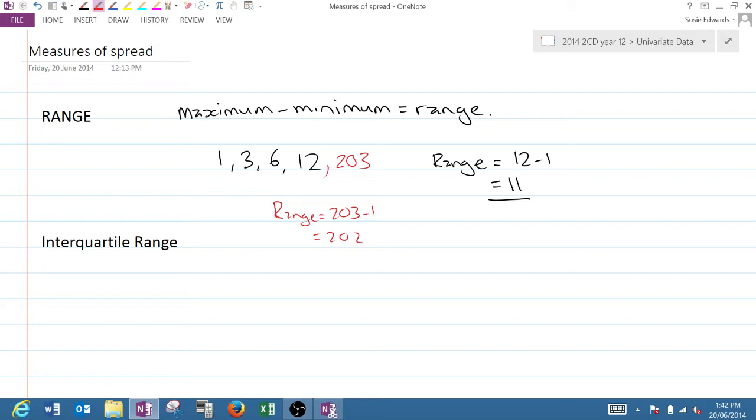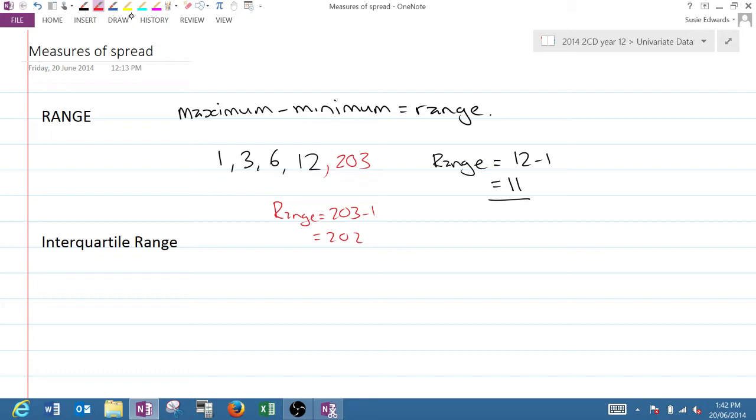It tells us that there's an outlier, but if someone just said the range is 202, you would sort of assume that lots of the numbers were all spread across that range, okay? And instead, it's actually that they're all close together and there's one outlier. So when there's an outlier, the range isn't the best method. So instead, we use the interquartile range. Right? Any questions about range?